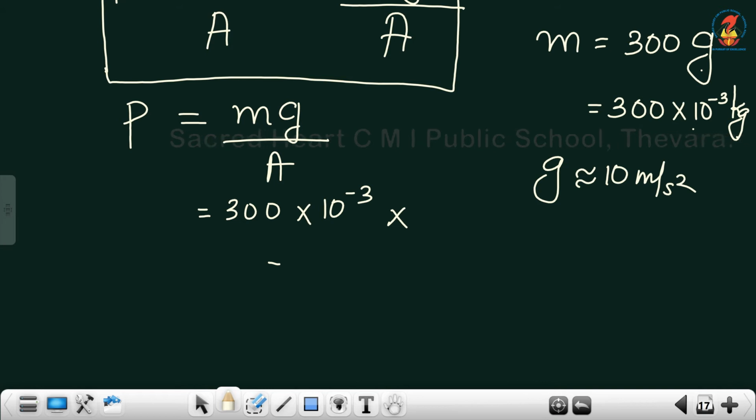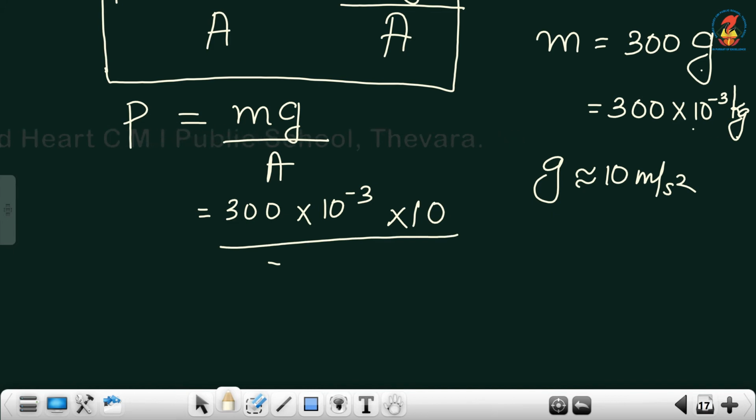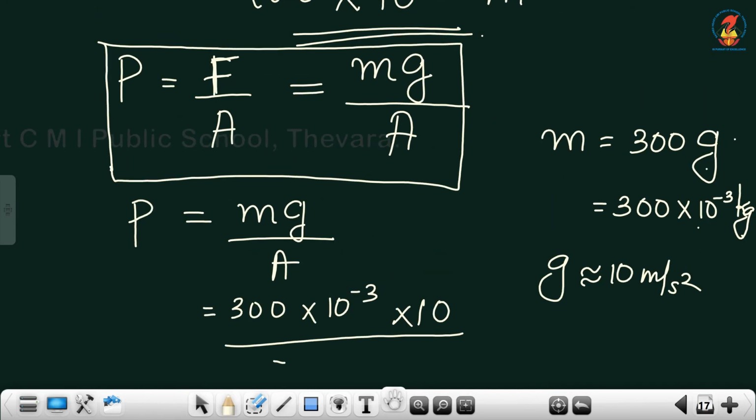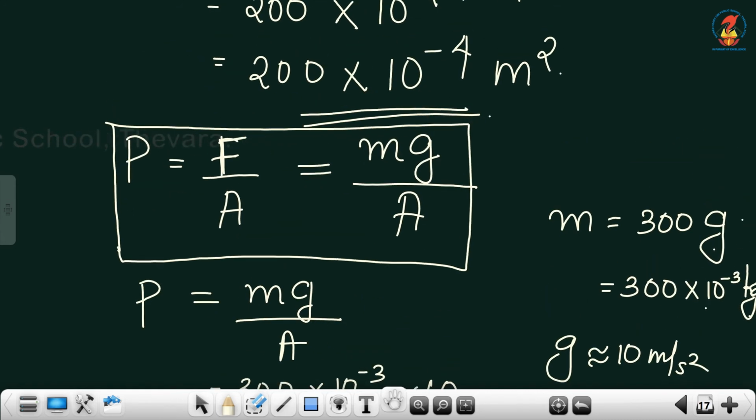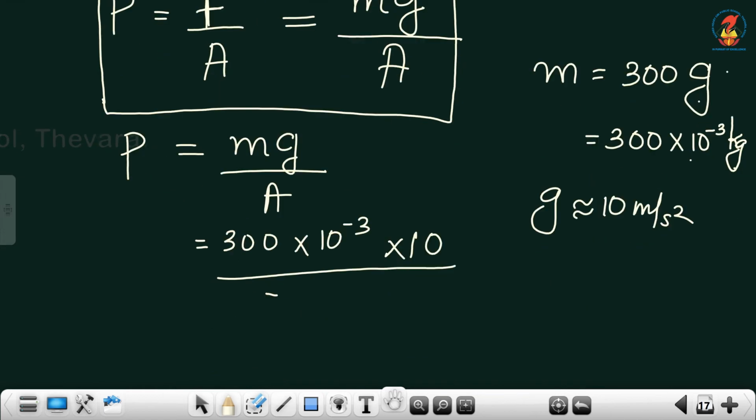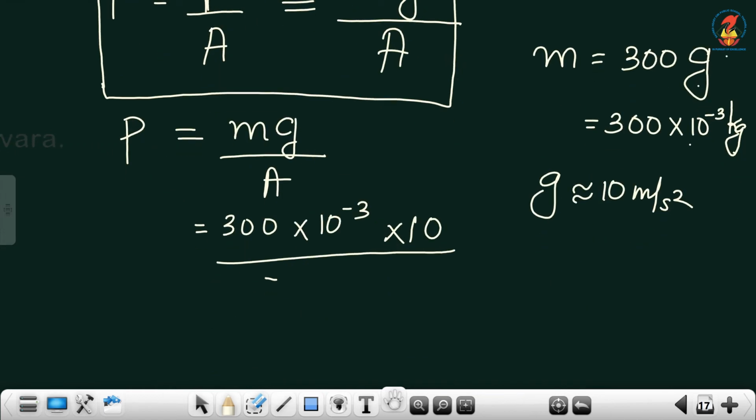For easier calculation, let us consider g as 10 meter per second square. So, g is 10, divided by area of contact. The area of contact of block A we got as 200 into 10 raised to minus 4 meter square. So, let us substitute the area of contact as 200 into 10 raised to minus 4.